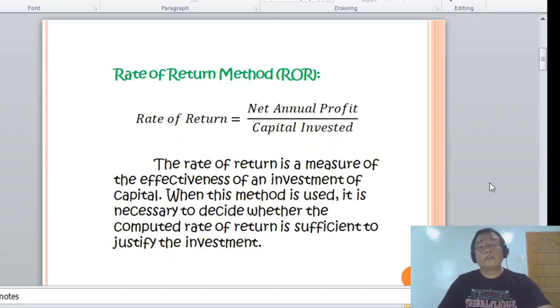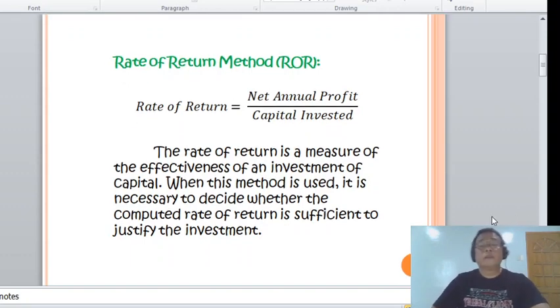Of course, if the computed rate of return is below the target ROR, the business will not be justified. But if the rate of return is equal to or greater than the target rate of return, the business is justified.